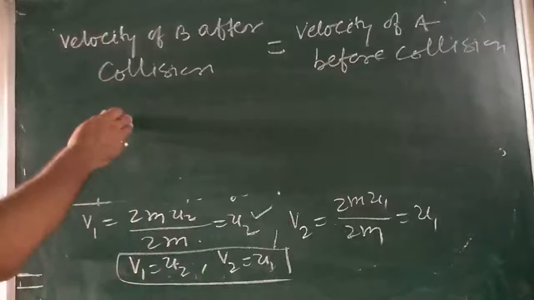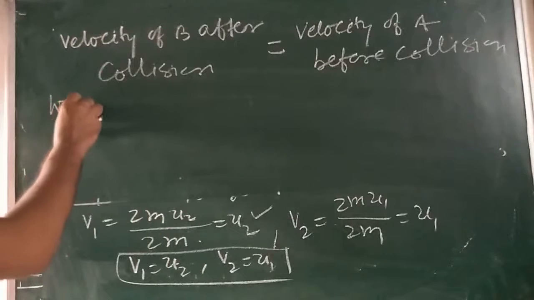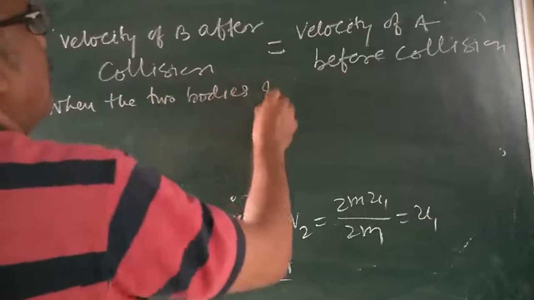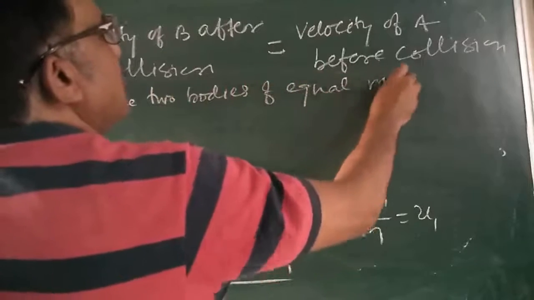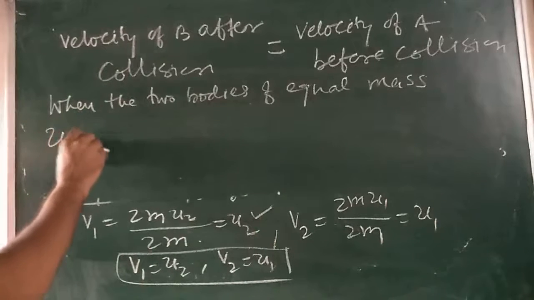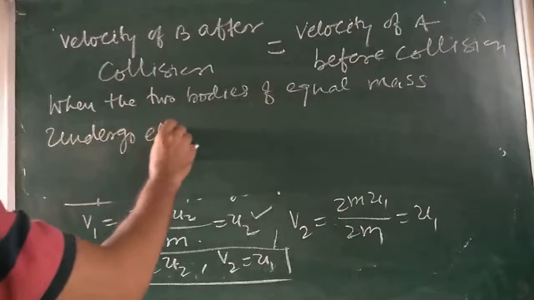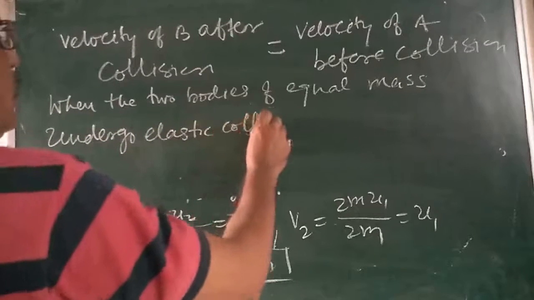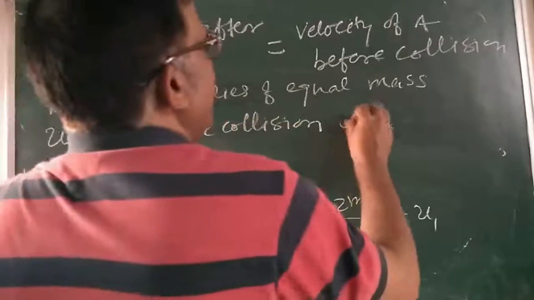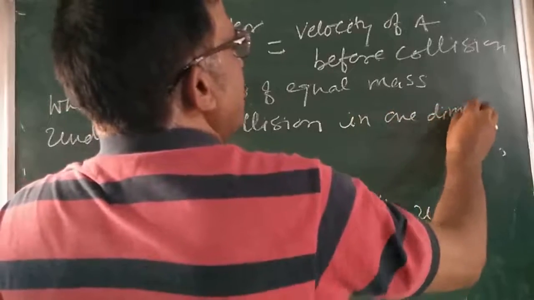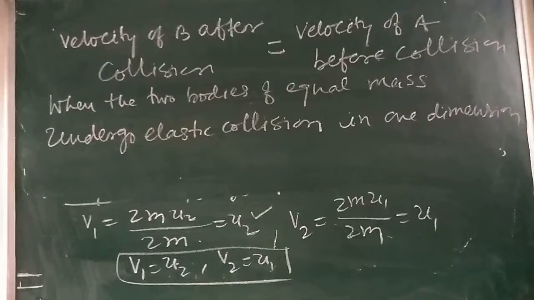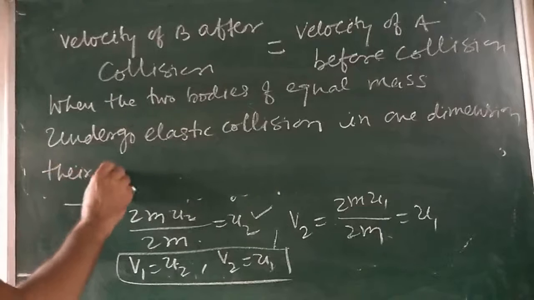So write down here, when two bodies of equal mass undergo elastic collision in one dimension, their velocities are just interchanged.